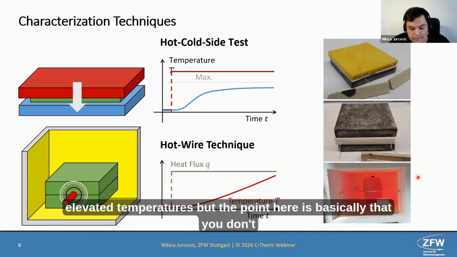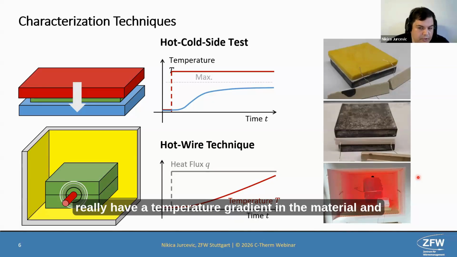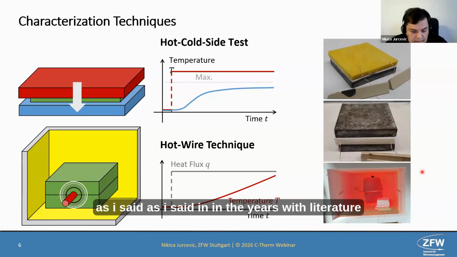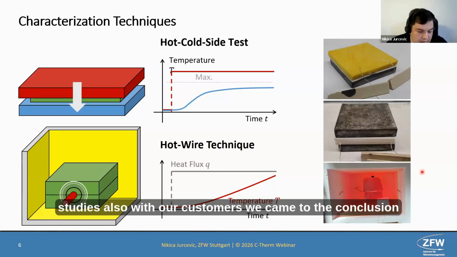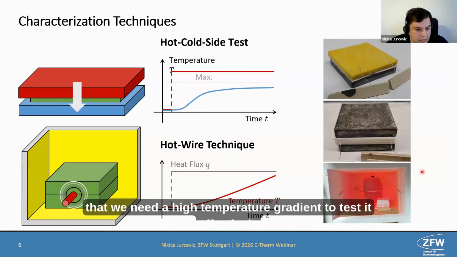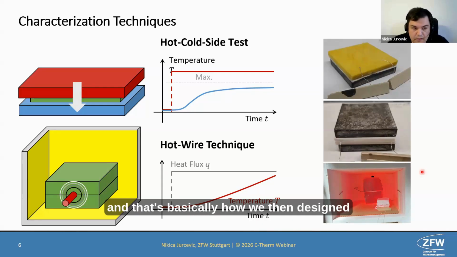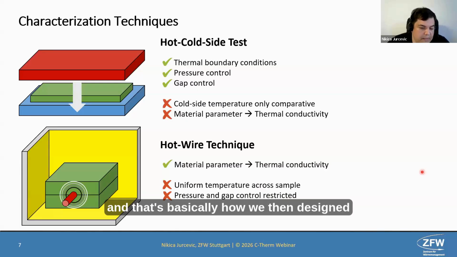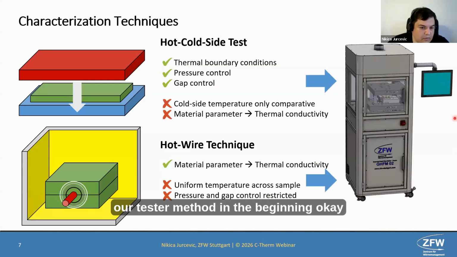But the point here is basically that you don't really have a temperature gradient in the material. And as I said, in the years with literature studies, also with our customers, we came to the conclusion that we need a high temperature gradient to test it effectively. And that's basically how we then designed our tester method in the beginning.